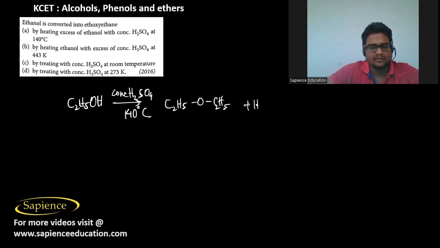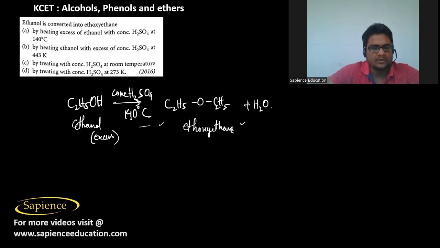Then ethoxyethane is formed and H2O will be obtained. And here ethanol should be used in excess. So excess of ethanol should be heated with concentrated H2SO4 at 140 °C to obtain ethoxyethane. So option A is the correct answer.